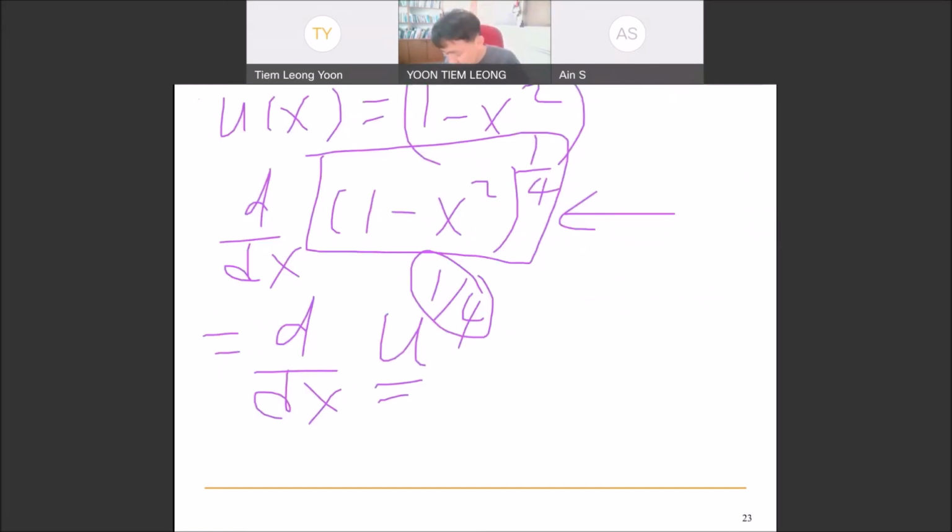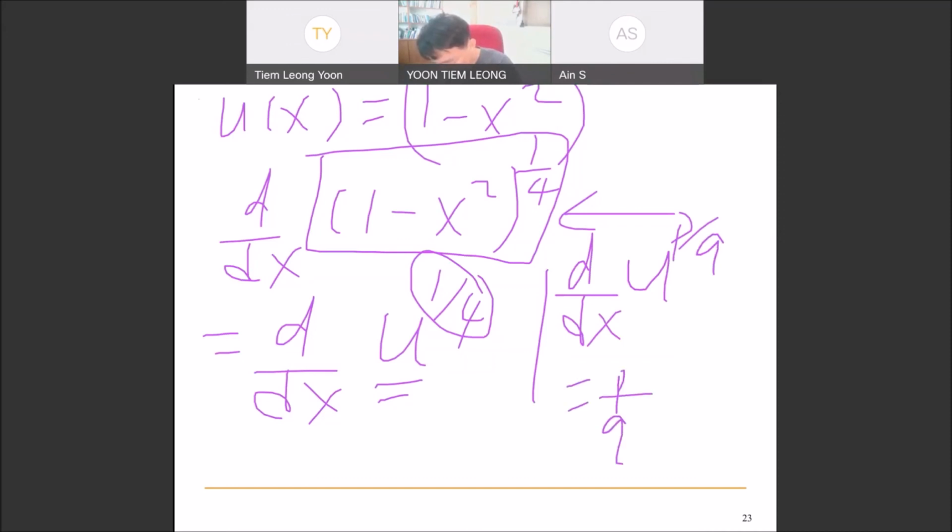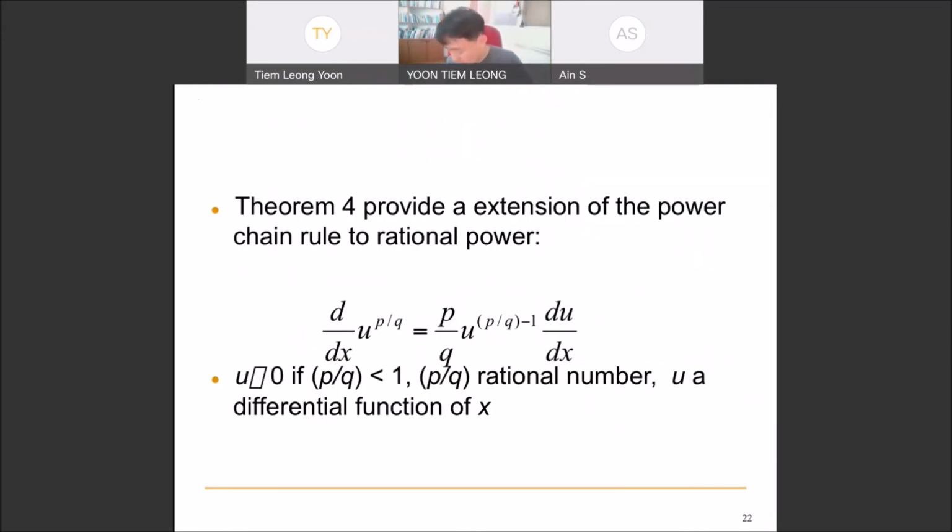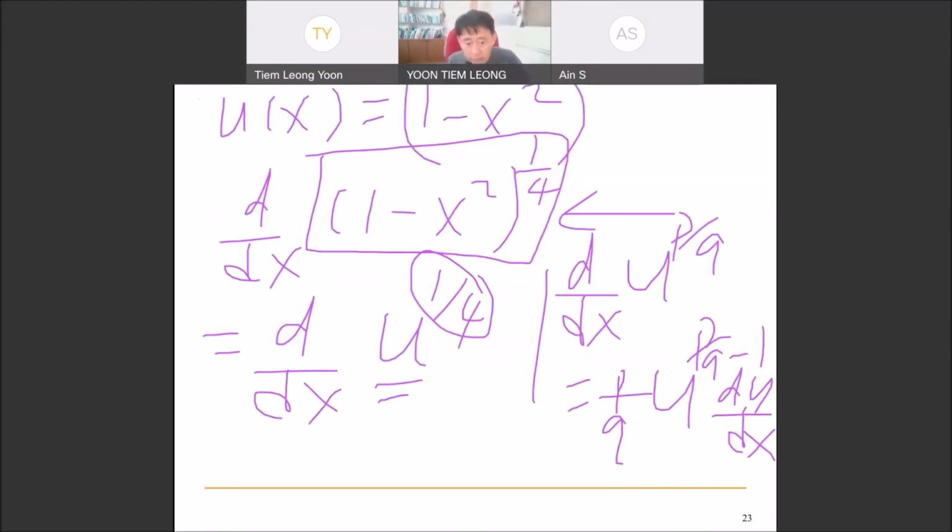Right, so this formula says if you have d/dx of u raised to the power p over q, then you can just write this down as p over q u to the p over q minus 1 times du/dx. Okay, so this is just a repetition of this formula. I just write it now on the same screen so that it's easy for us to refer to.